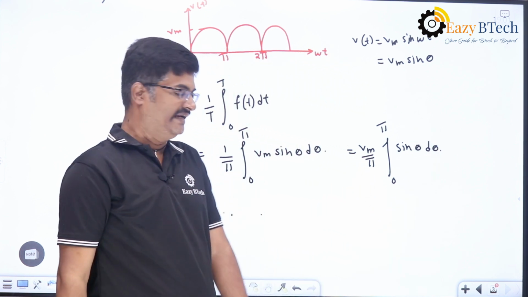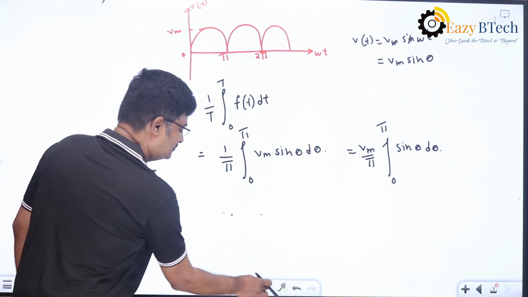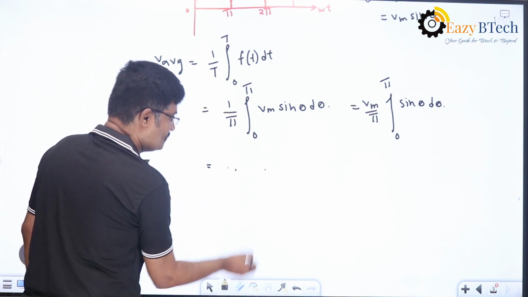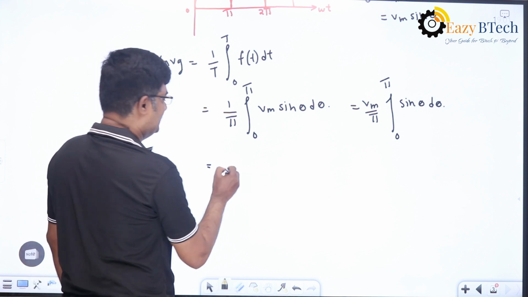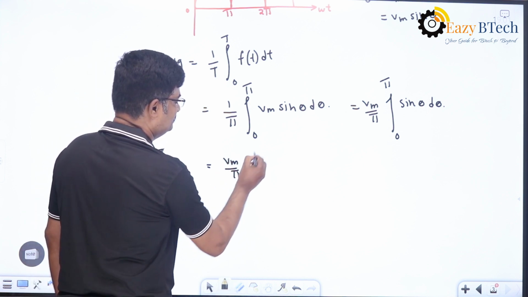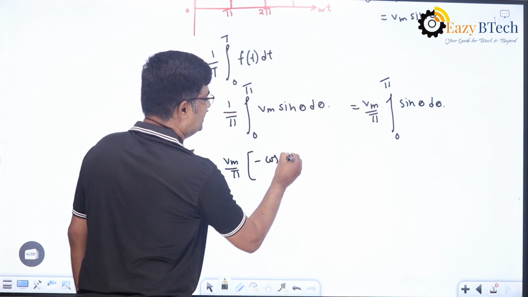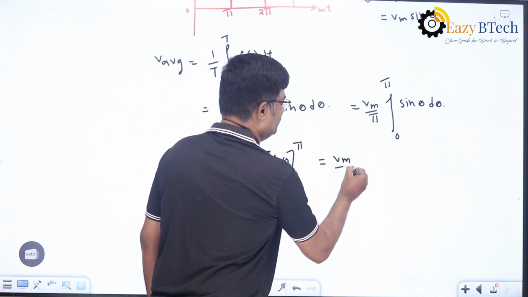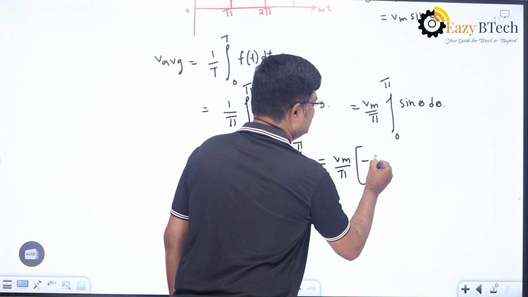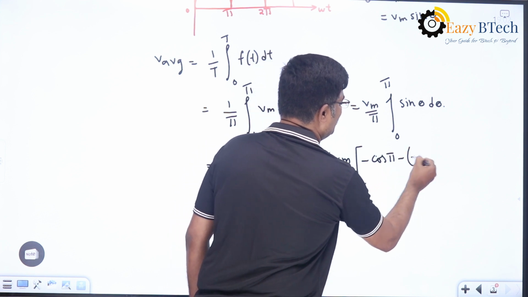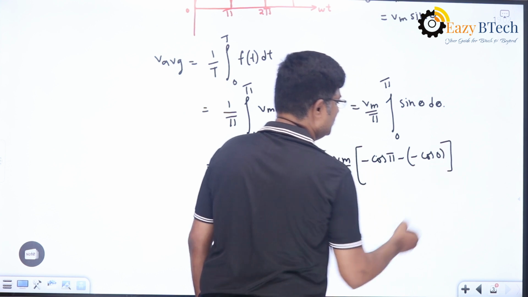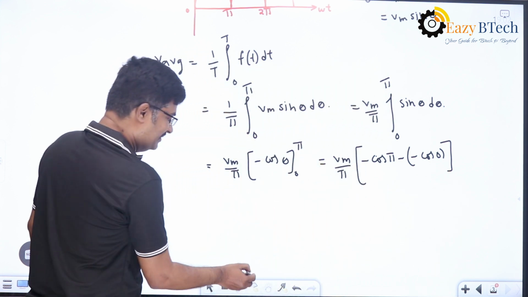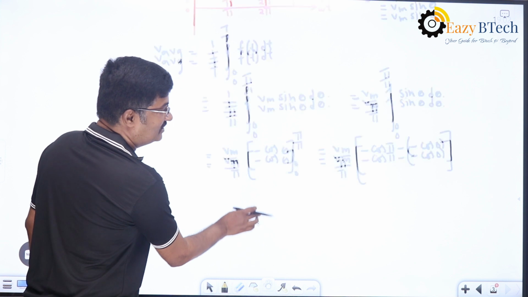So the integration of sine theta is nothing but simply minus cos theta. So here I can write this as Vm by pi in the limits, minus cos theta, limits are 0 and pi. If I am substituting the limits, I will be getting Vm by pi into minus cos pi minus of minus cos 0.